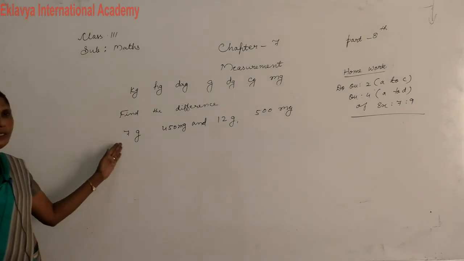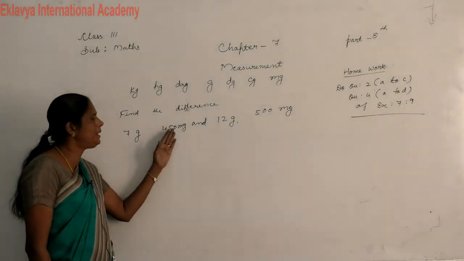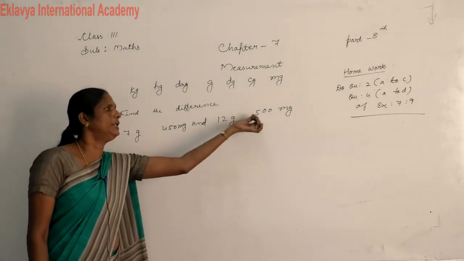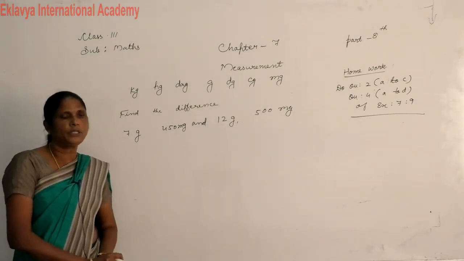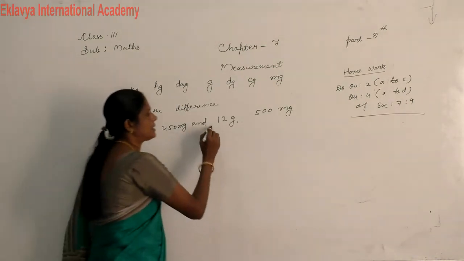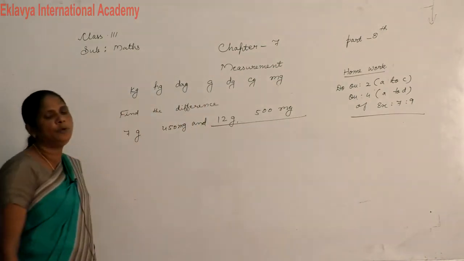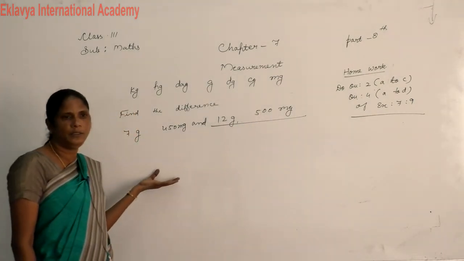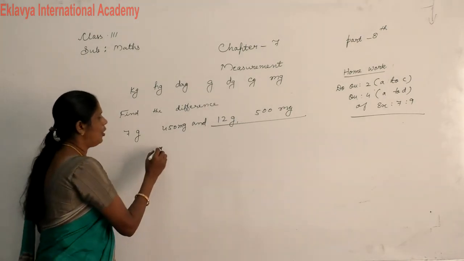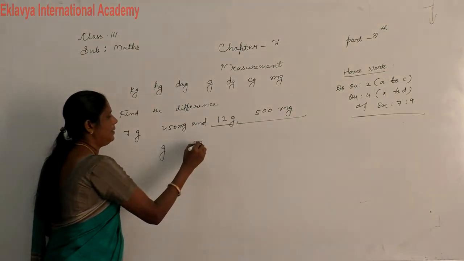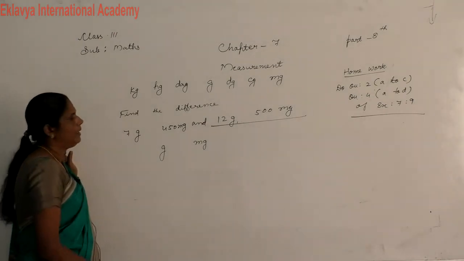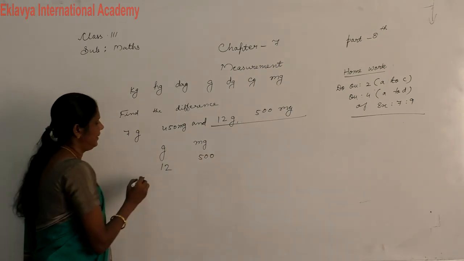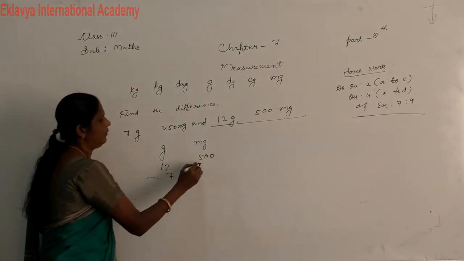Here 7 gram 450 mg and 12 gram 500 mg. Which number is greater here? This. Therefore, you write 12 gram 500 mg first. 2 columns, gram and mg. Here write 12, here write 500. Then minus 7, 450.